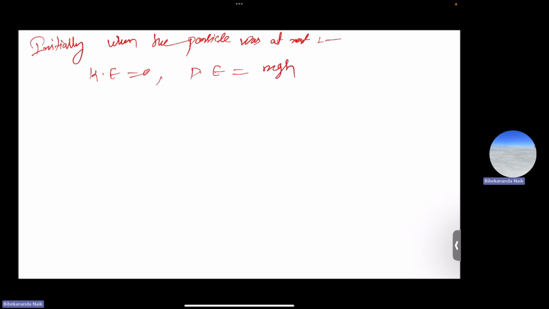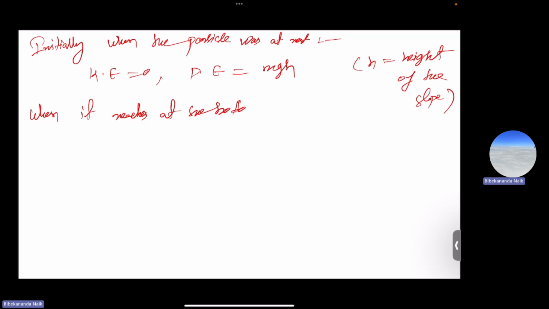Initially, when the particle was at rest, its kinetic energy was 0 and potential energy will be mgh, where h is the height of the slope. Now when it reaches the bottom, h is 0.